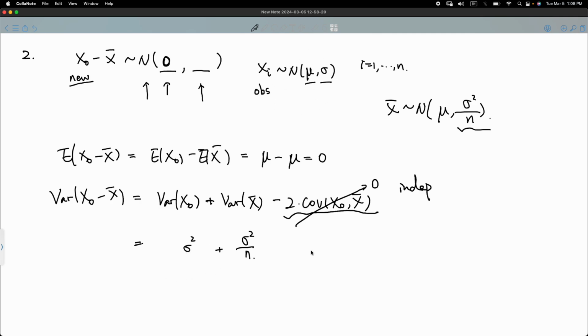We can further write this as 1 plus 1 over n multiplied by sigma square. So we also have the information here, which is sigma square times 1 plus 1 over n. Okay. So any question up to this point?